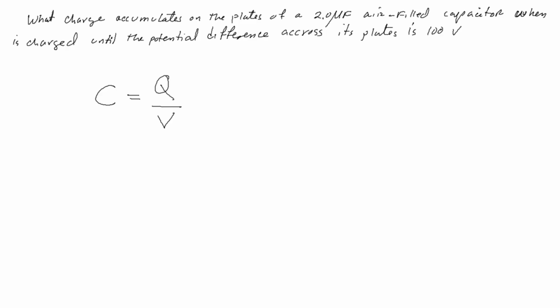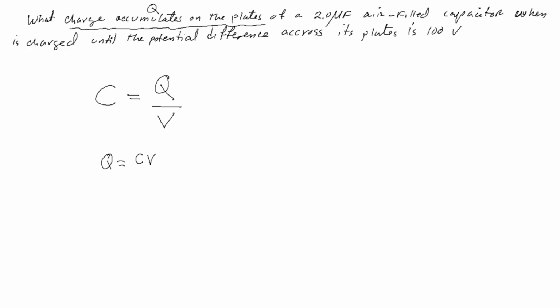If I want to find the charge that accumulates on the plates, what you want to find is Q. So you can say that Q is equal to, you multiply times V both sides, C times V.